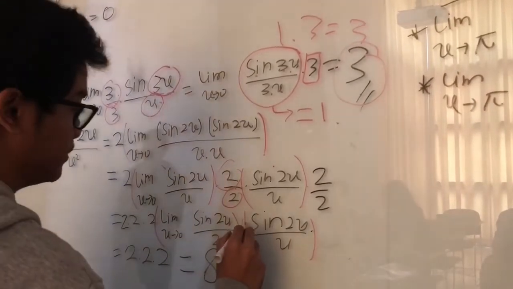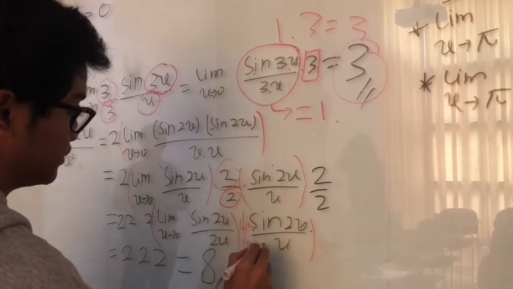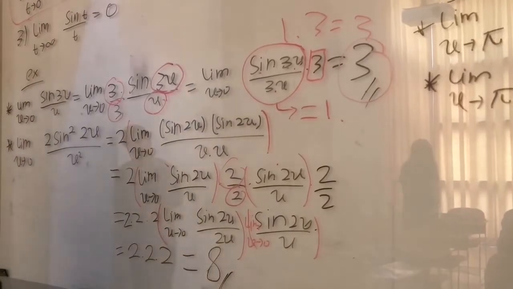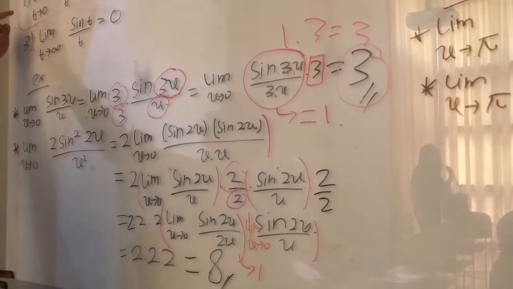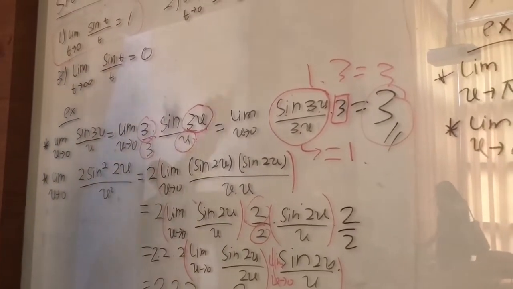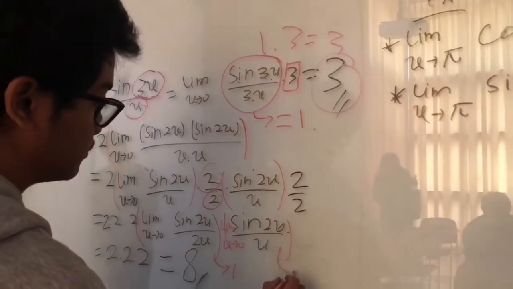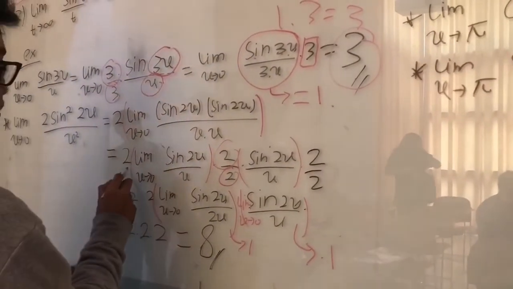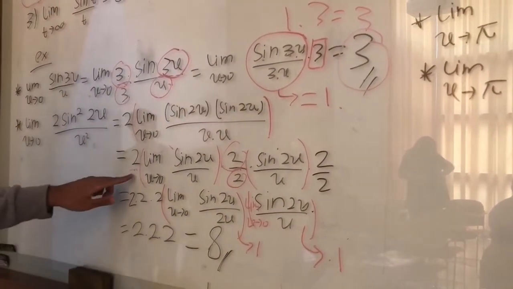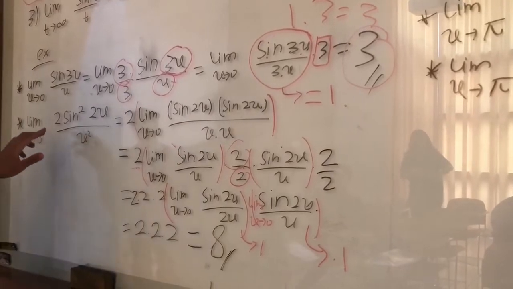This one fulfills the first special trigonometric limit and equals 1, and this one also equals 1. The 2 from above is from the first question.